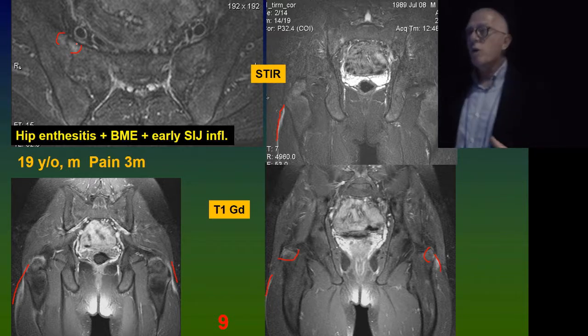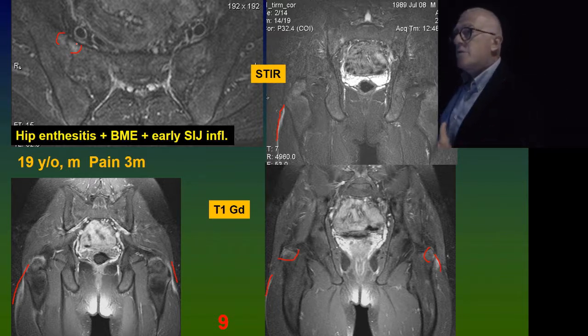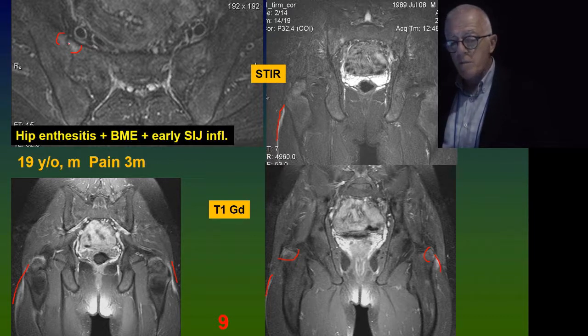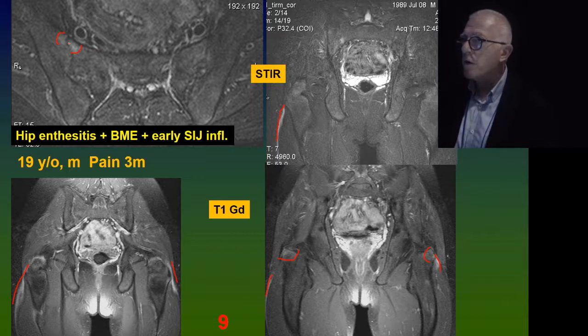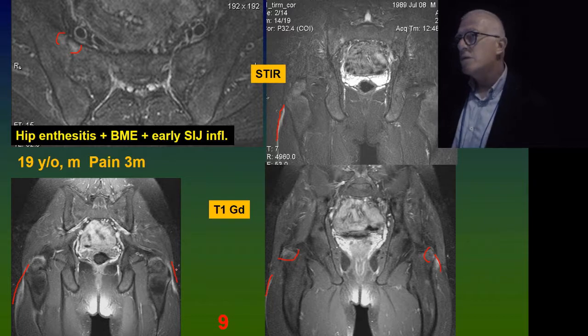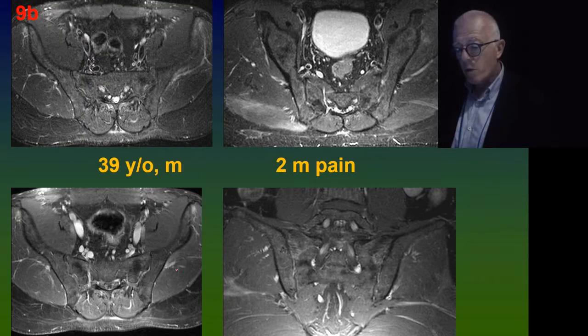In case you are wondering, are these two tiny areas of bone marrow edema enough to establish a diagnosis of axial spondyloarthropathy? The answer is yes, because in this particular patient we also have hip involvement. We have extensive enthesopathy, which is helpful in order to suggest the correct diagnosis.